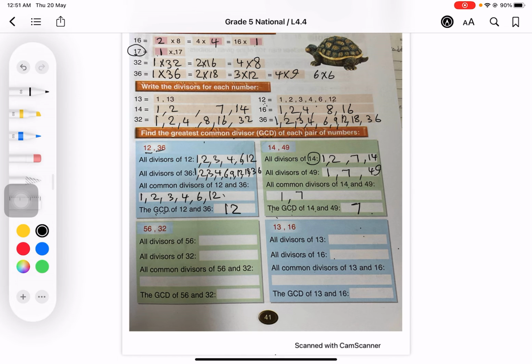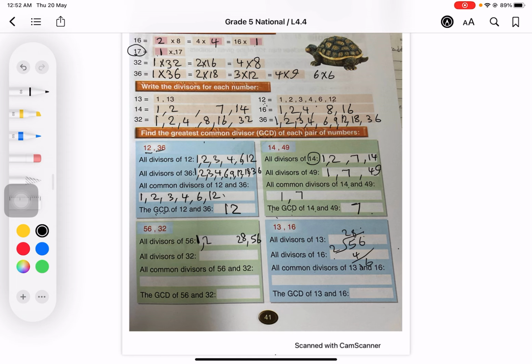Now let's do 56 and 32. 56: 1 with 56. Let's do 56 divided by 2, which is 28. 2 with 28. 56 is not divisible by 3 because 5 and 6 is 11.